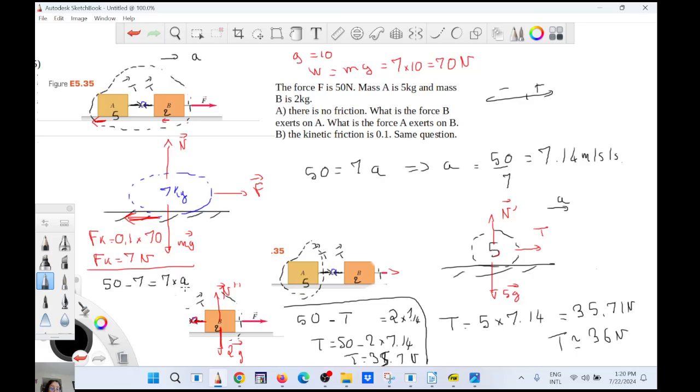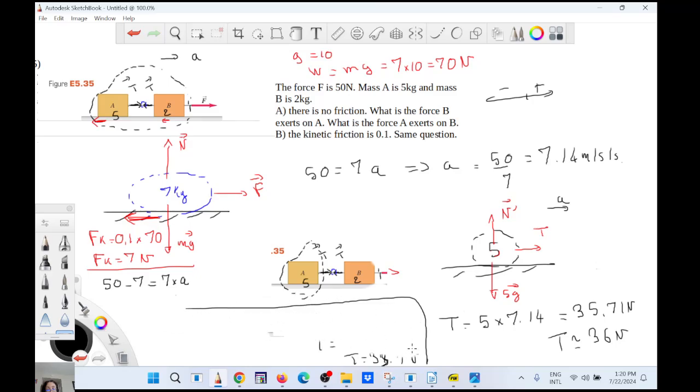So you find the acceleration, and then you can look at this one, for example, and say the frictional force will be 0.1 times 50, so that will be 5. Then you have the acceleration, so you can find the tension. I don't know if I should do it or not, but you understand how it works.